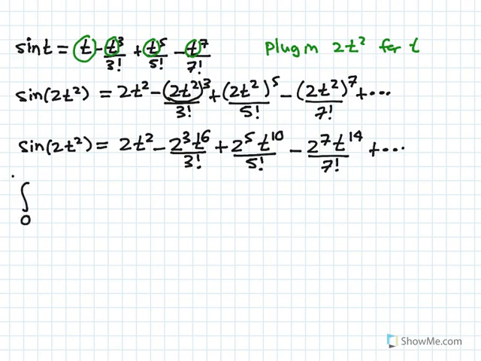Integral from 0 to x of sine of 2t squared dt, and integrate the right hand side.